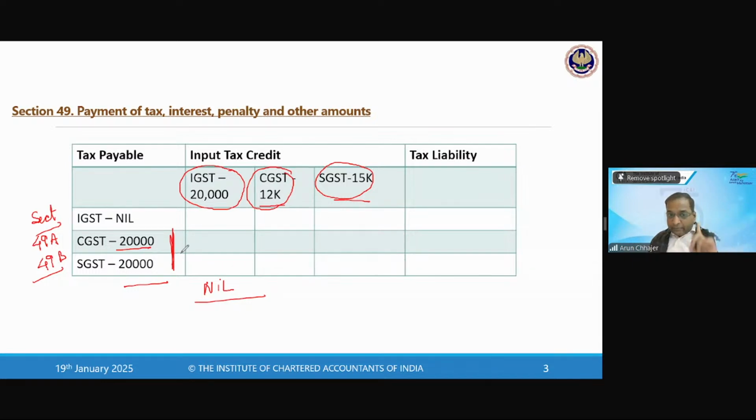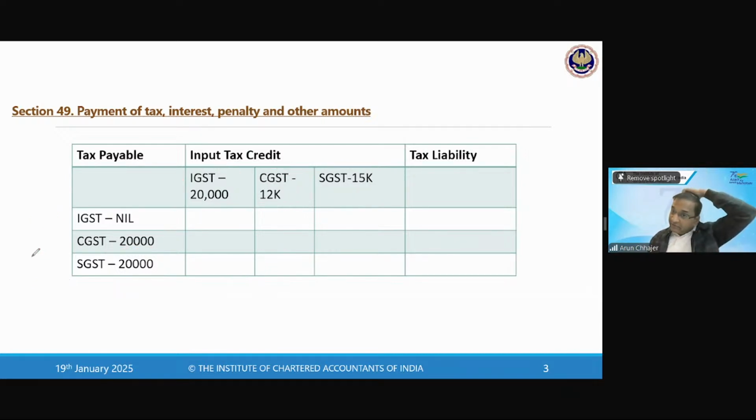It means you can use S here, you can use C here, but only when it is 0. Correct? Now the second question comes, which has been clarified by Rule 88A and Circular 98.